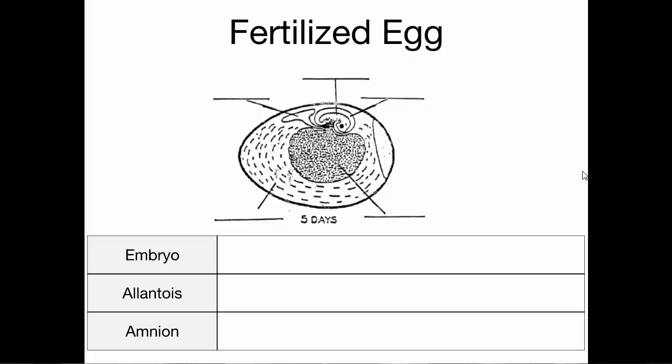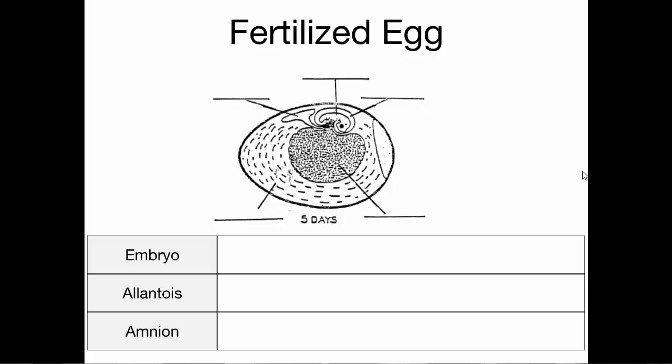That means the male bird deposits sperm into the female bird's reproductive tract. Those sperm cells make their way to egg cells inside of the female. That's internal fertilization, so that happens inside of the female bird.